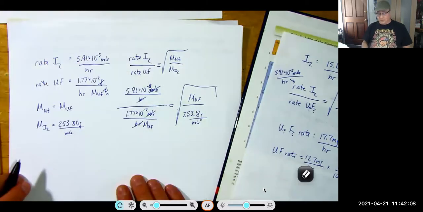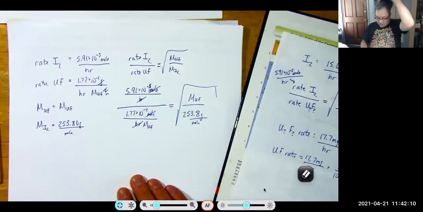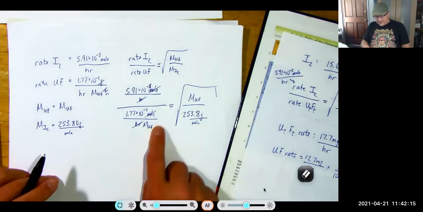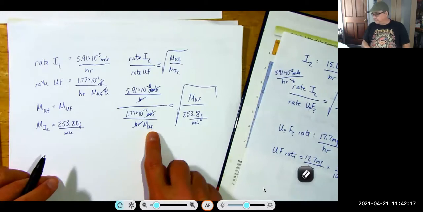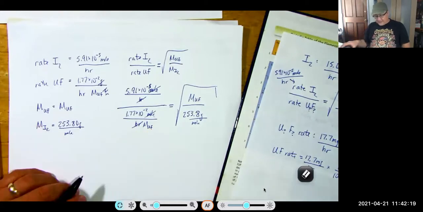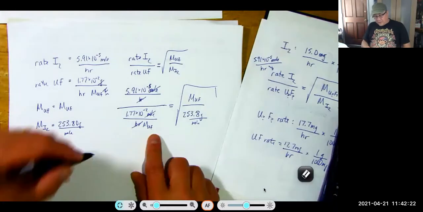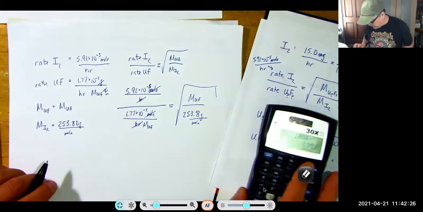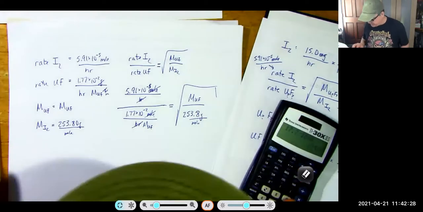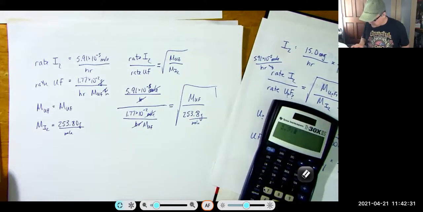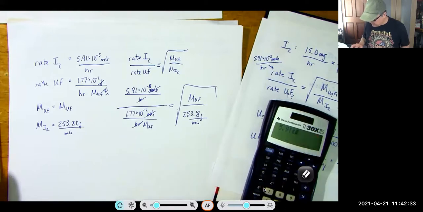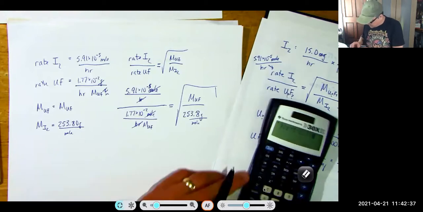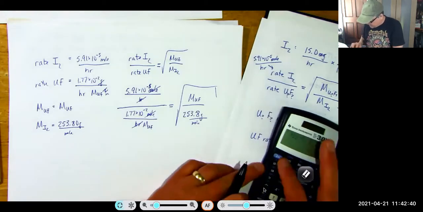Yeah. Okay. And all I need to do now is clean this up a bit. What's 5.91 times 10 to the minus 5 divided by 1.77 times 10 to the minus 2? I'm going to do that first. There's probably a more clever way to do this, but I don't have it on me right now.